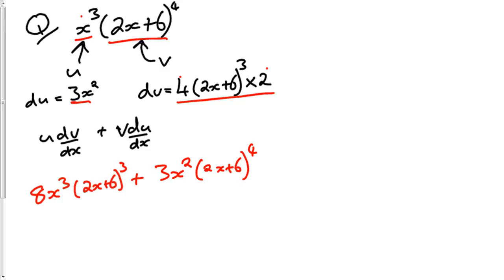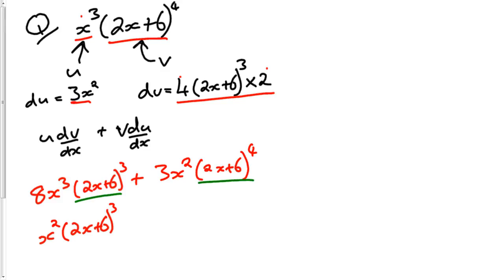Now this one's a lot easier to tidy up, and a lot of the exam questions are like this. So we can then factorise out of this expression. We can factorise out an x squared. We can factorise out a 2x plus 6 cubed, because we've got a cubed here and we've got it to the power of 4 here.